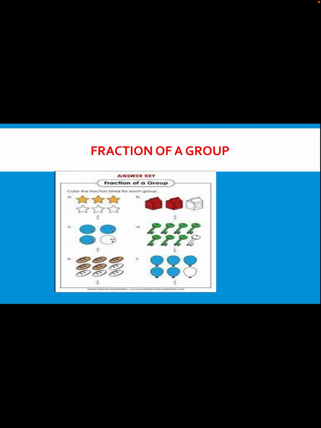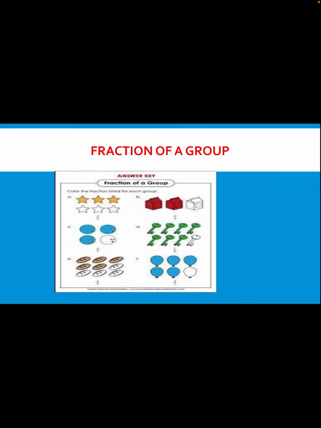So here this is a fraction of a group. You have to identify how many stars are colored in the total collection. It is half. Half of the stars are yellow in the total collection. So in this way you can identify how many houses are here, and how many of them are colored.